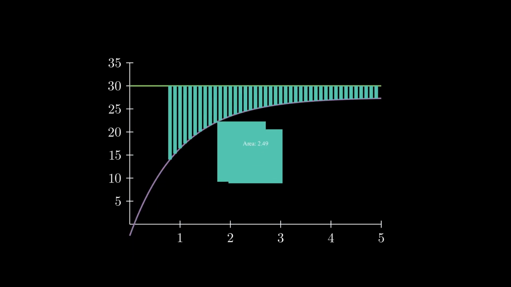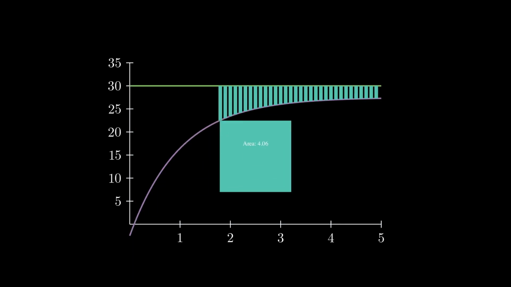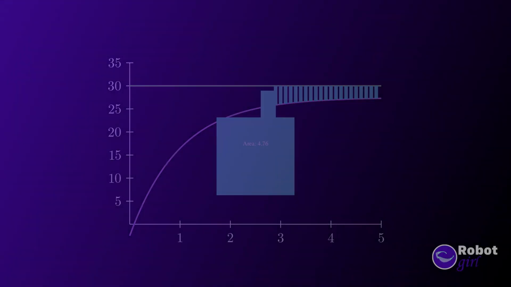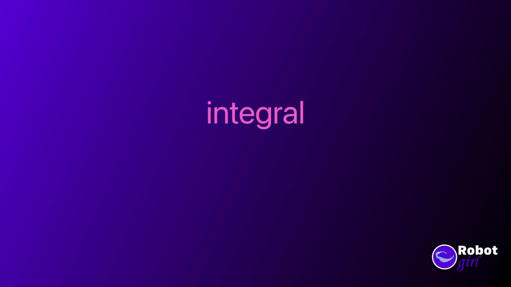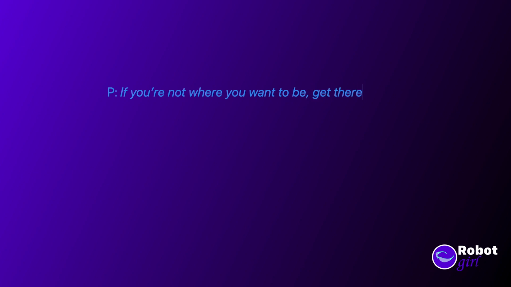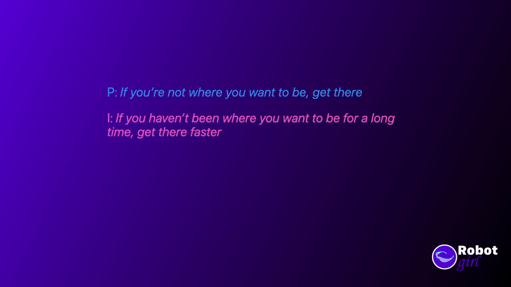Again, in calculus, this process of summing up the area under the curve is called an integral, which is what the I stands for. So, to recap, P means if you're not where you want to be, get there. I means if you haven't been where you want to be for a long time, get there faster. And D means if you're getting close to where you want to be, slow down.